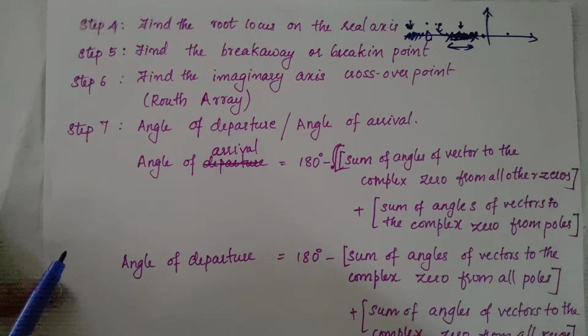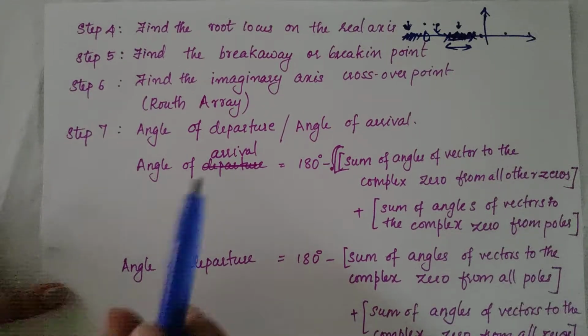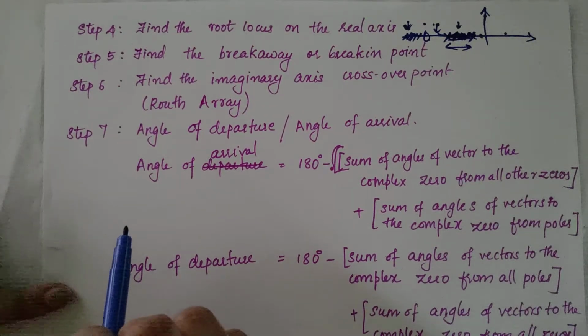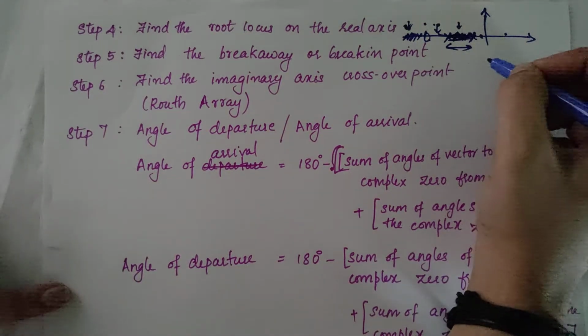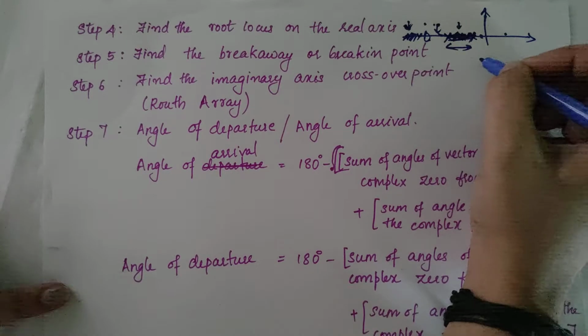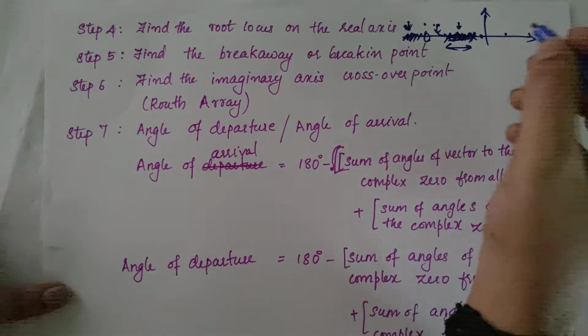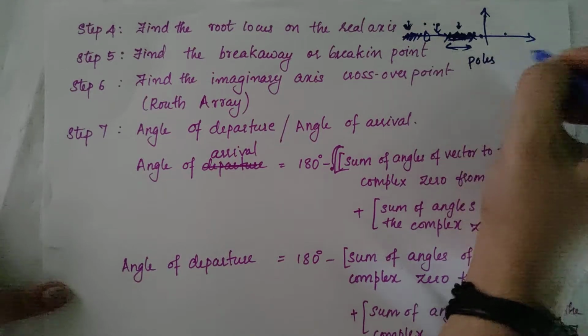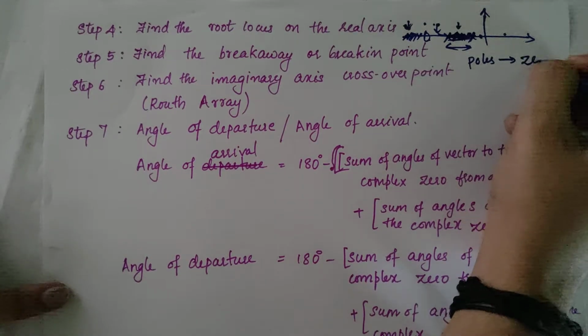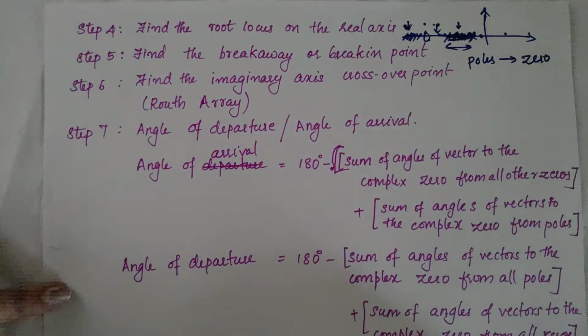Okay. So it means that a root locus starts from a pole and terminates at a 0. Okay, a root locus starts from a pole and it will terminate at 0 or at infinity.